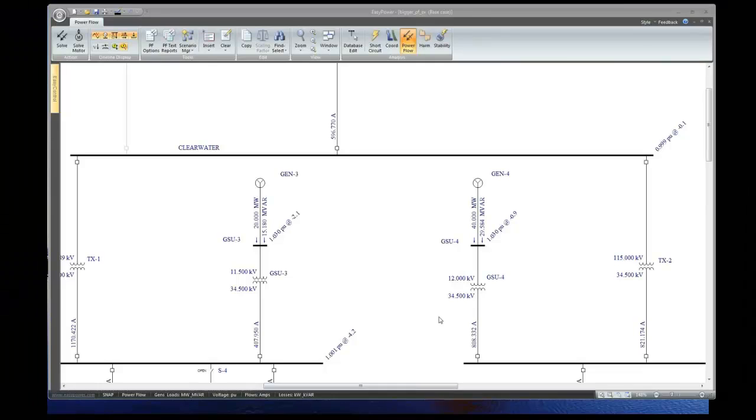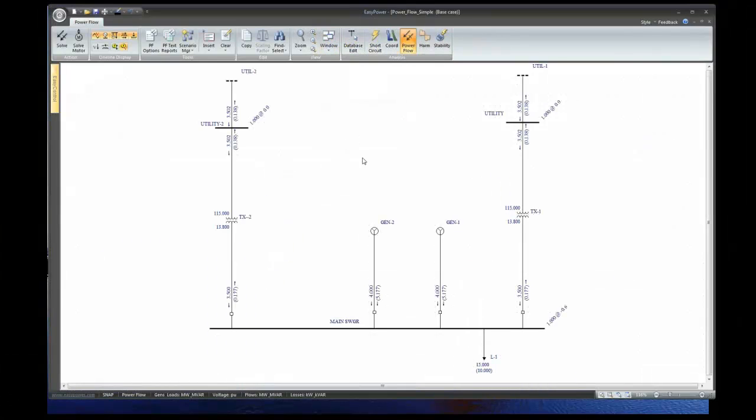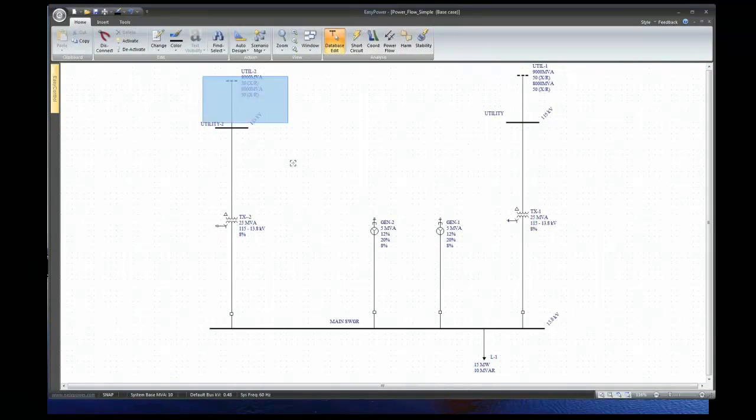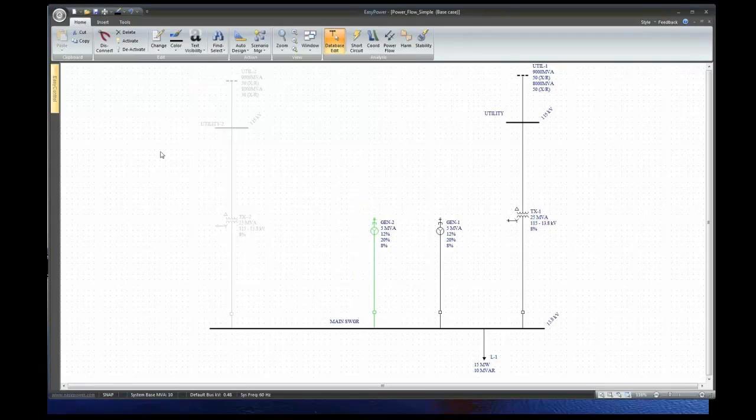Okay, so I've got another simple little model here that I put together, and go back to database. We'll simplify it a little bit by deactivating these guys right now. We're just going to focus on one generator in parallel with the grid.